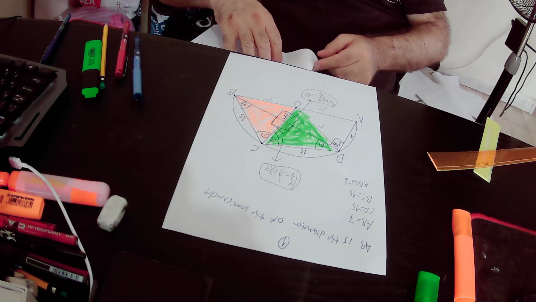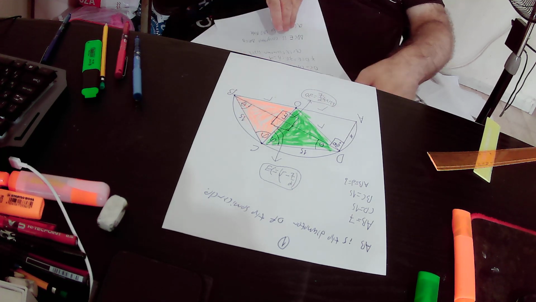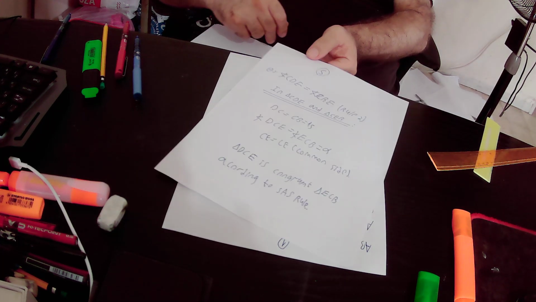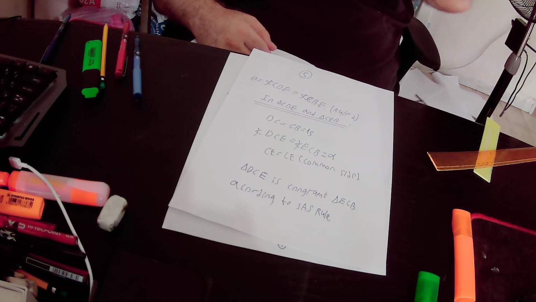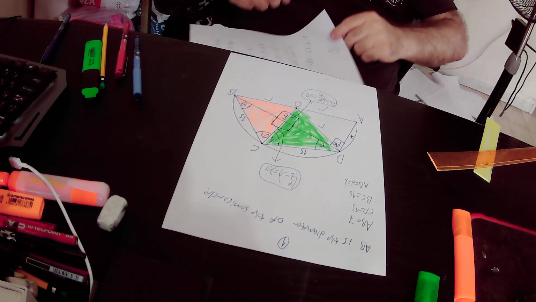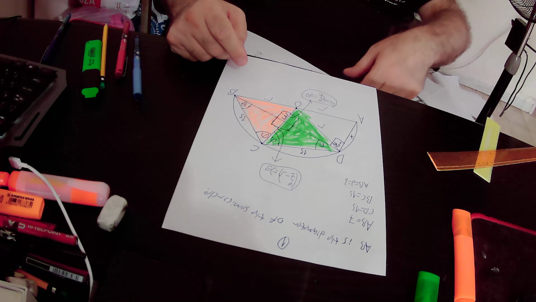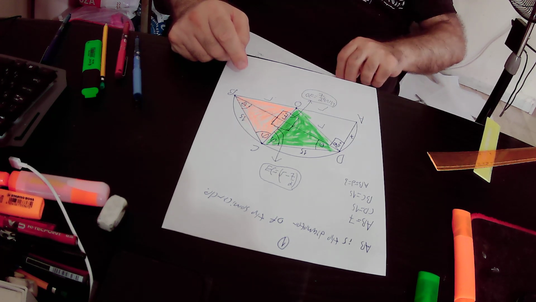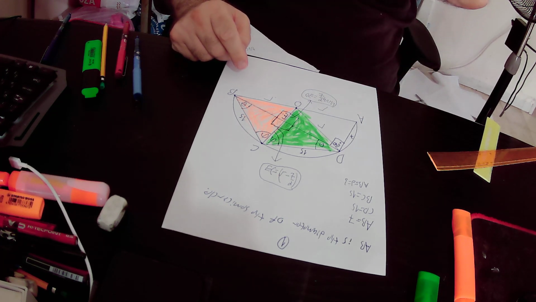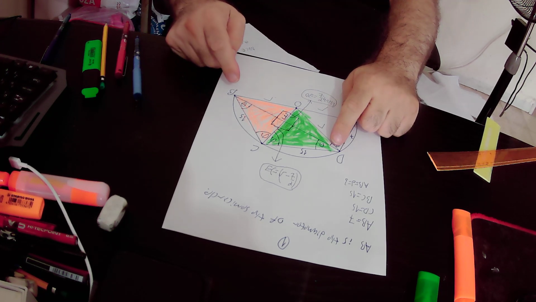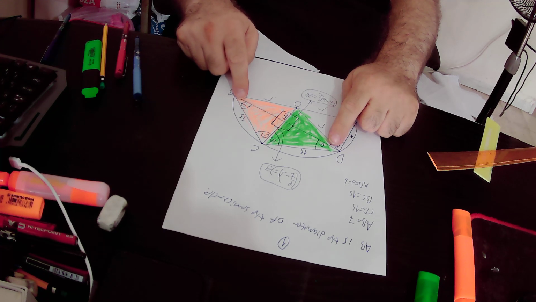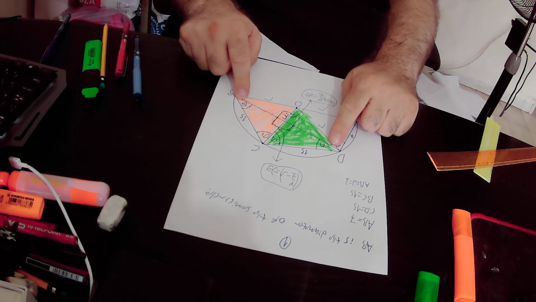Therefore, angle CDE equals angle CBE according to rule number 2, because in front of equal sides are equal angles, so those two angles are equal to each other.